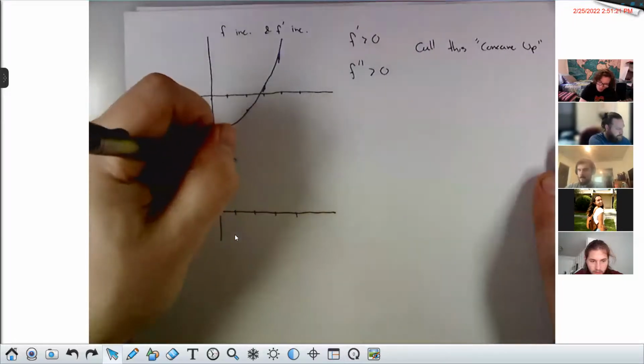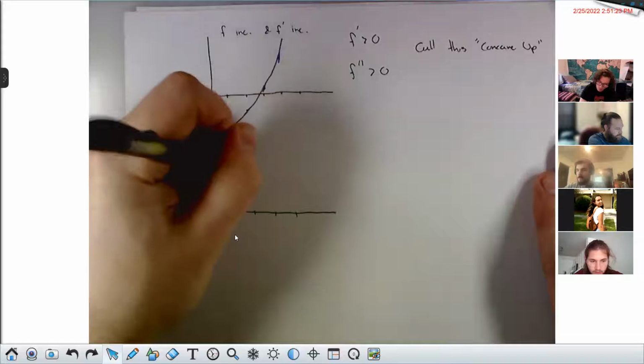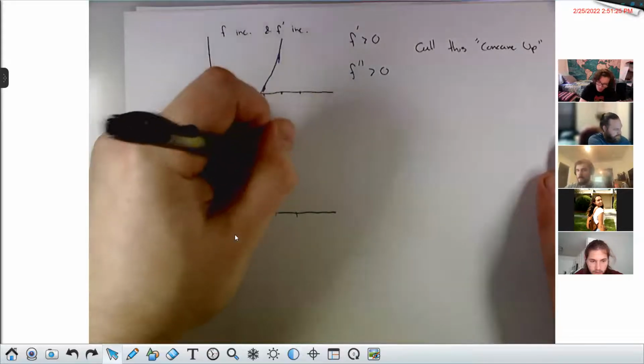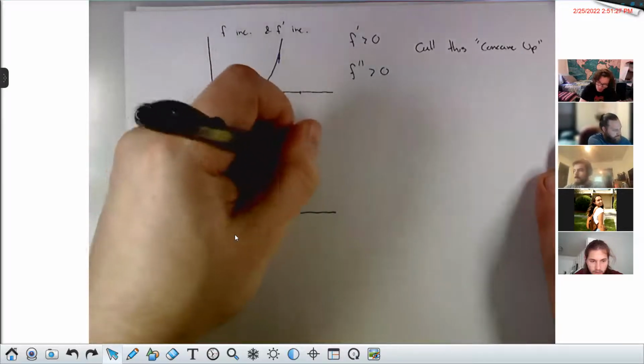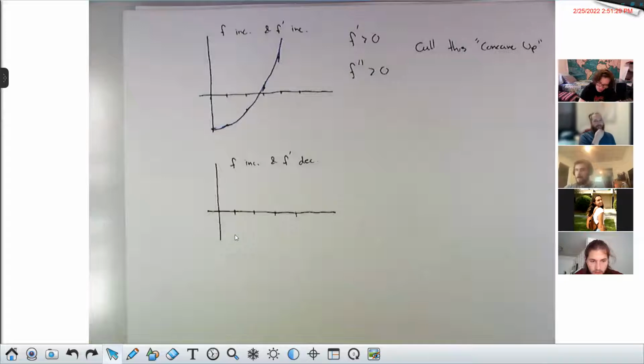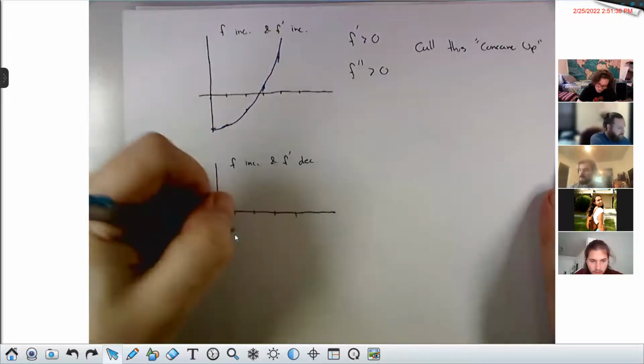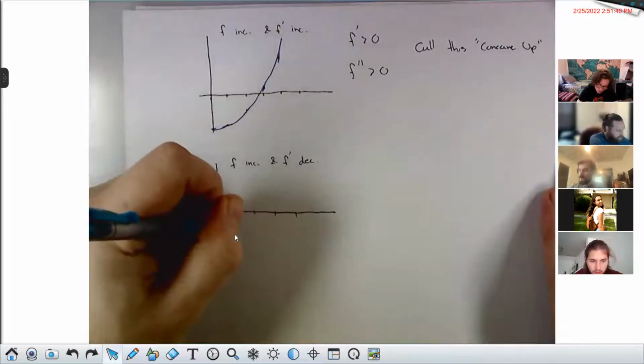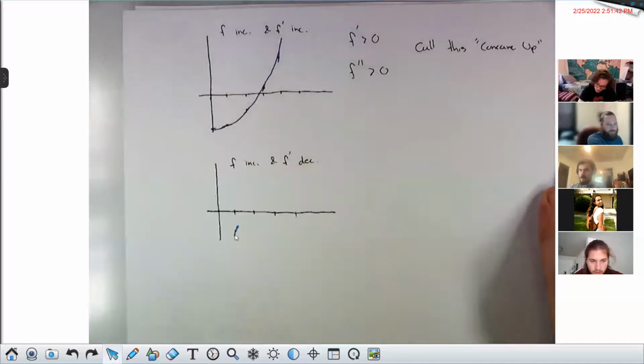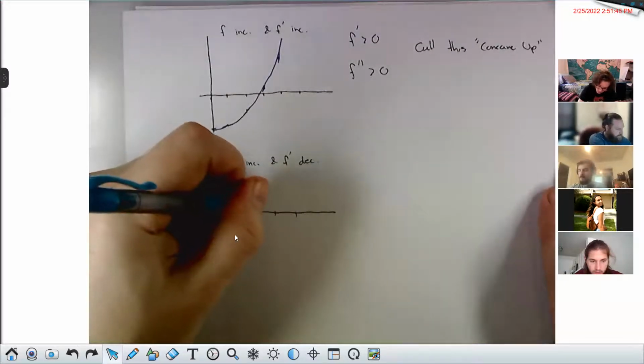Now I'll draw a curve where f is increasing and f prime is decreasing. Again, because f is increasing, all the tangent slopes have to be positive. None of these tangent slopes can point down. I start with something like this. There's a positive tangent slope. And then I have something like this.